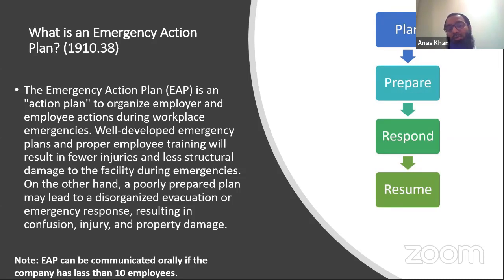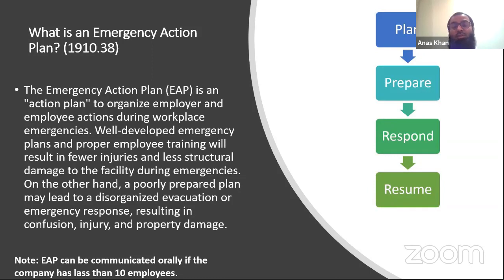It should be very practical, because this is very sensitive. The use of the emergency action plan is not in the normal condition. It will come in a very sensitive condition. So your emergency action plan should be very practical.